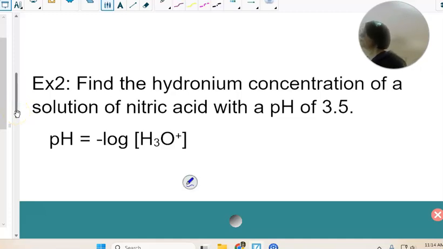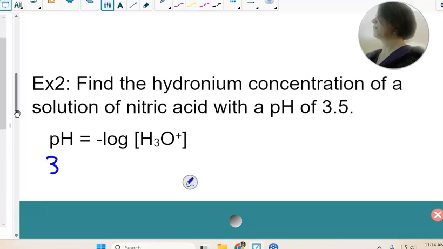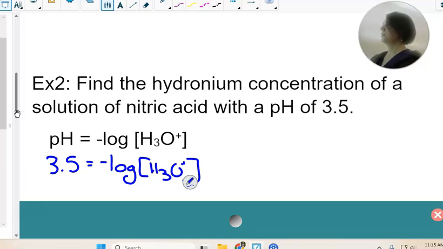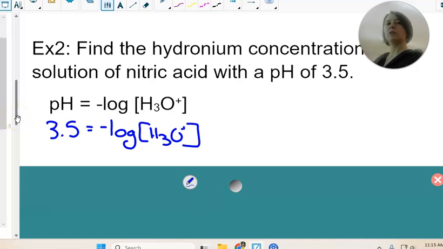So, write the equation: pH equals negative log of the hydronium concentration. Well, we know it has a pH of 3.5. So 3.5 equals the negative log of the hydronium concentration. Then we're going to have to undo all the parts on the right.